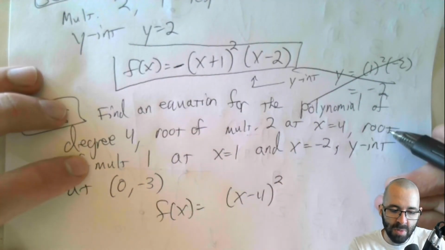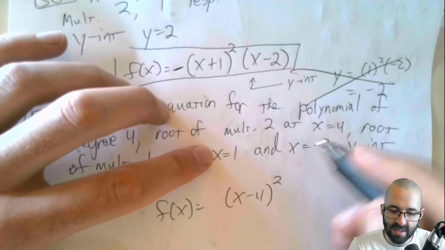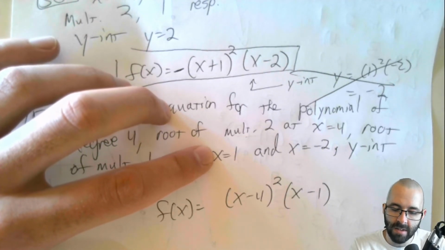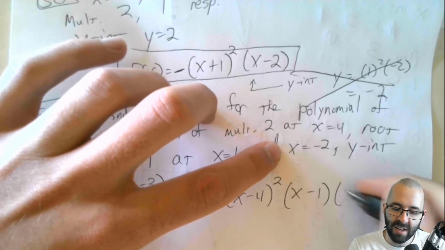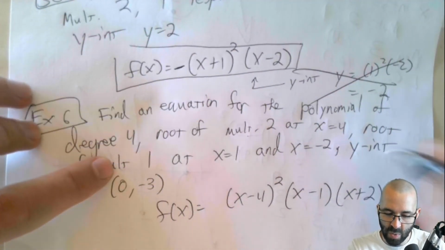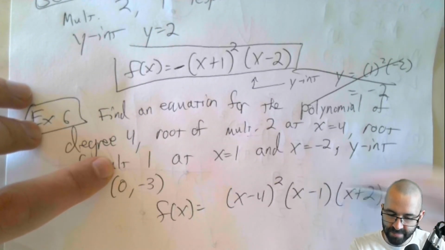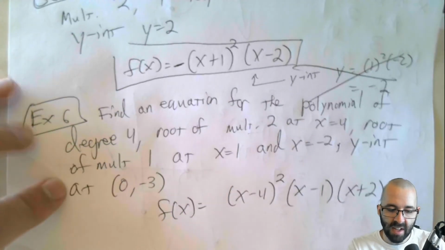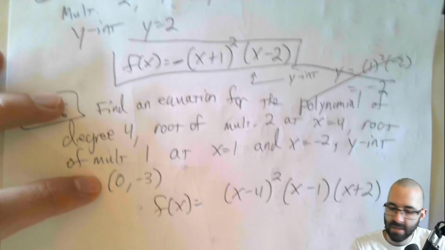There's also a root of multiplicity 1 at these two places. X is equal to +1. That means there will be an x minus 1 factor. X is equal to -2. That's going to be an x plus 2 factor. And because their multiplicity is 1, the exponent is just 1. All that's left is to make sure that this has the right y-intercept.